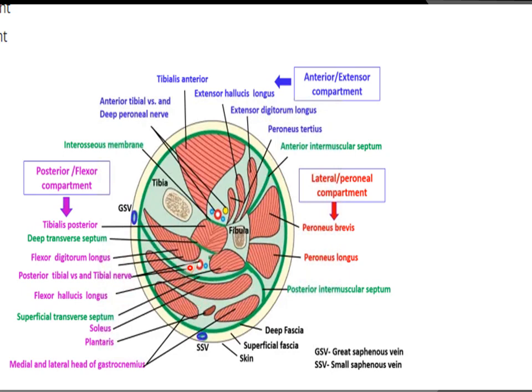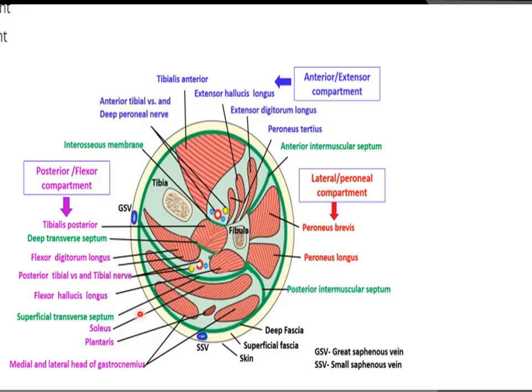Let me explain again about the subdivisions of the posterior compartment of the leg. It is subdivided by two strong fascial septa: one is the superficial transverse septum, the other is the deep transverse septum. With these two septa, it is divided into three parts: superficial, middle and deep part.